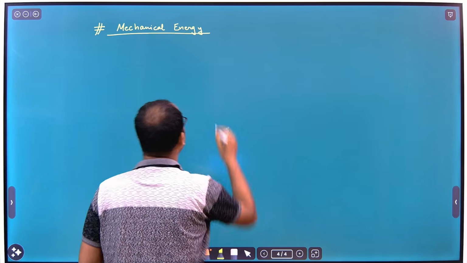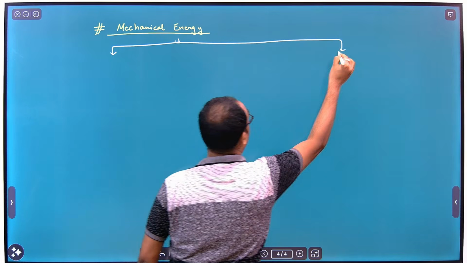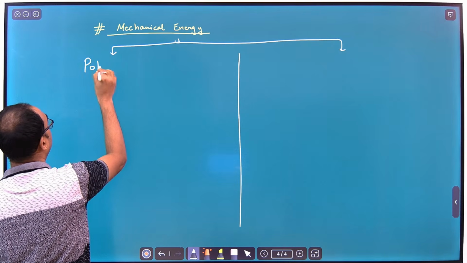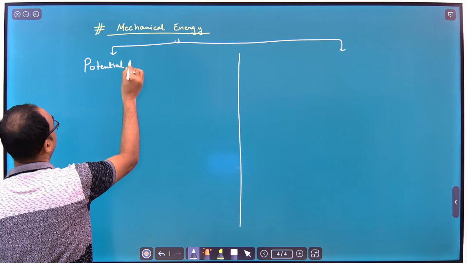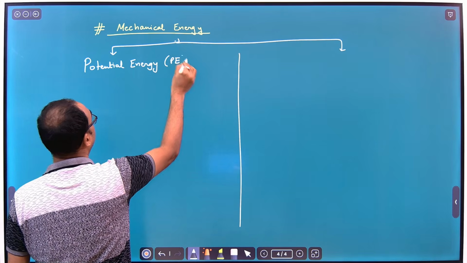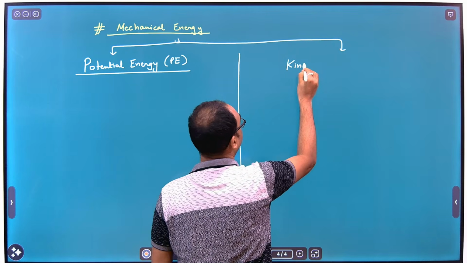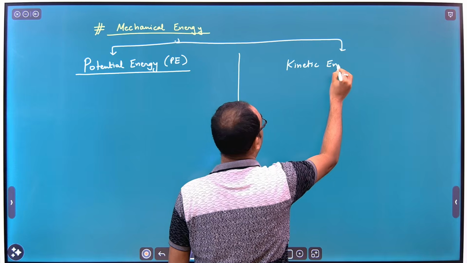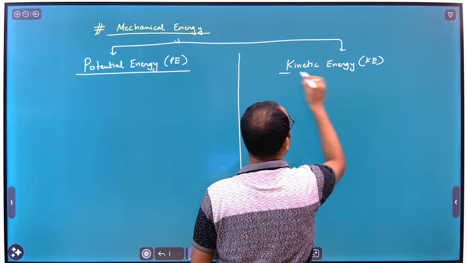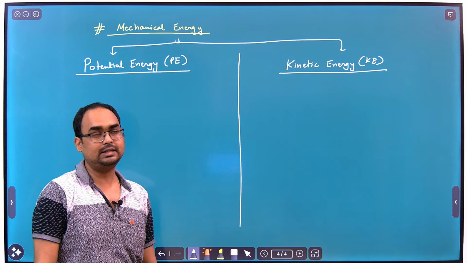The two parts are potential energy, short form PE, and kinetic energy, short form KE. You all know these things already.